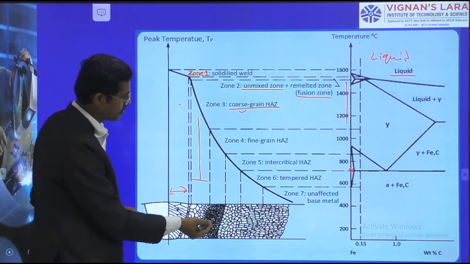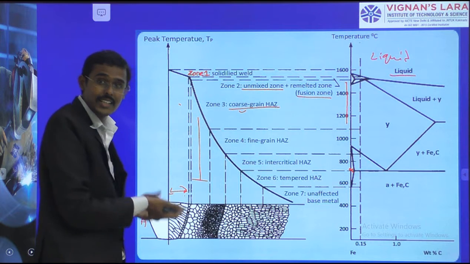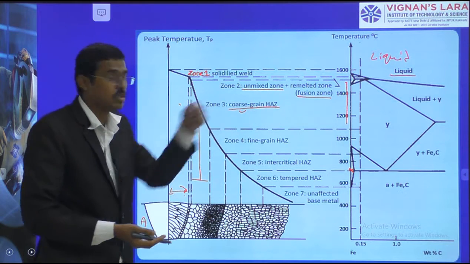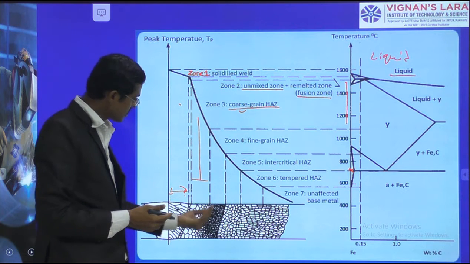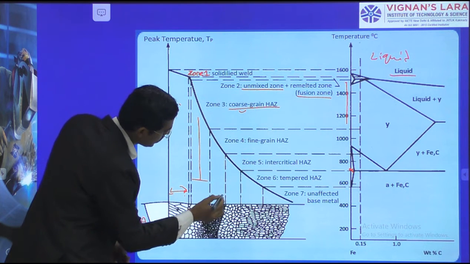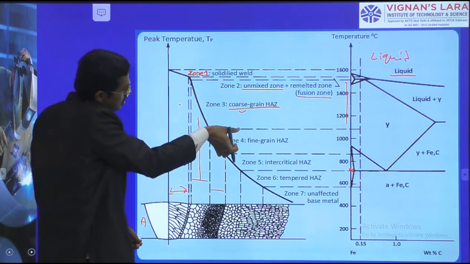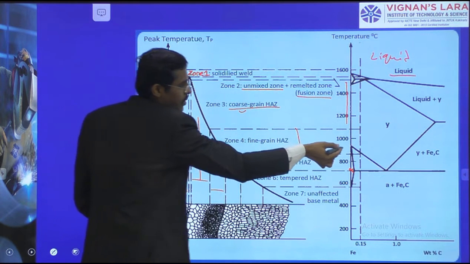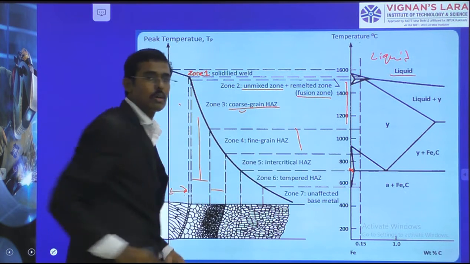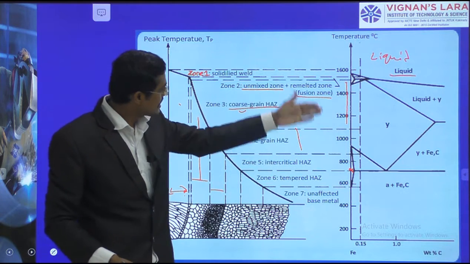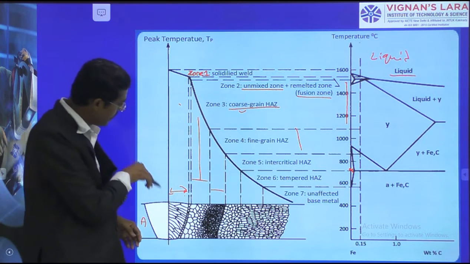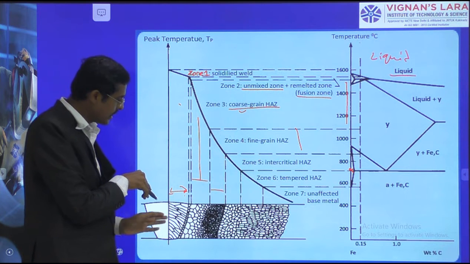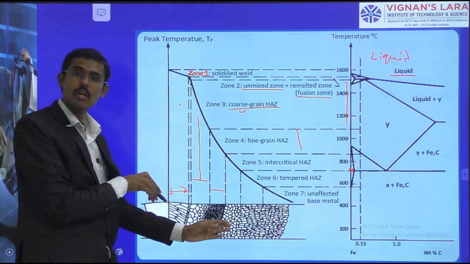Next, what is that? Here the temperature is lesser as compared to 1200. Here the coarser grains are formed. But next to that, I am talking about this zone. What is the temperature here? It is around 900 to 1100, lesser than the top. Heat is supplied here for melting, but it is absorbed in these workpieces.